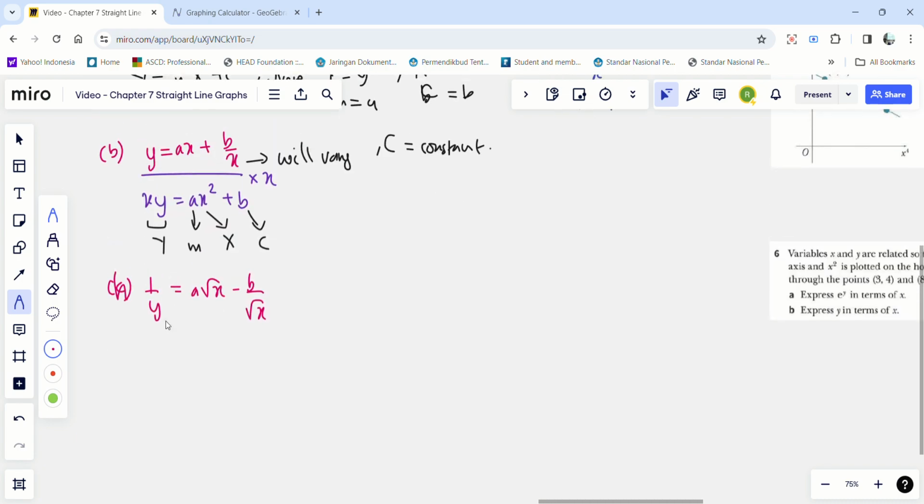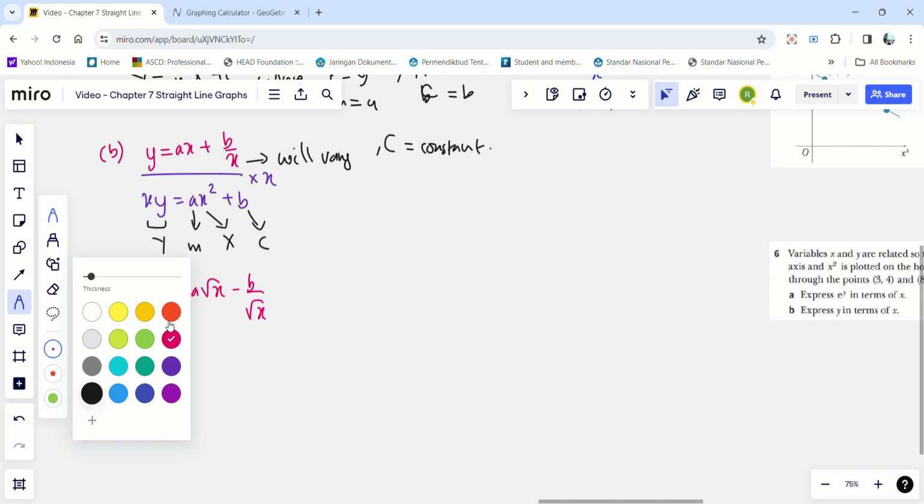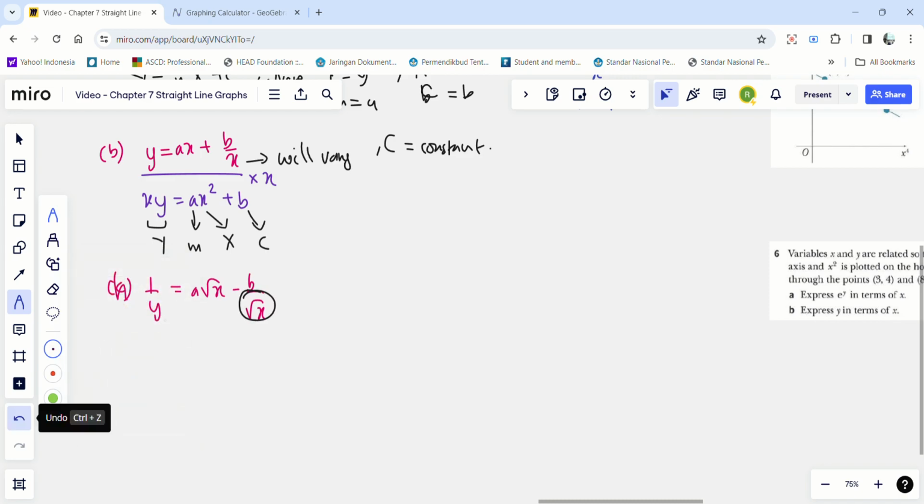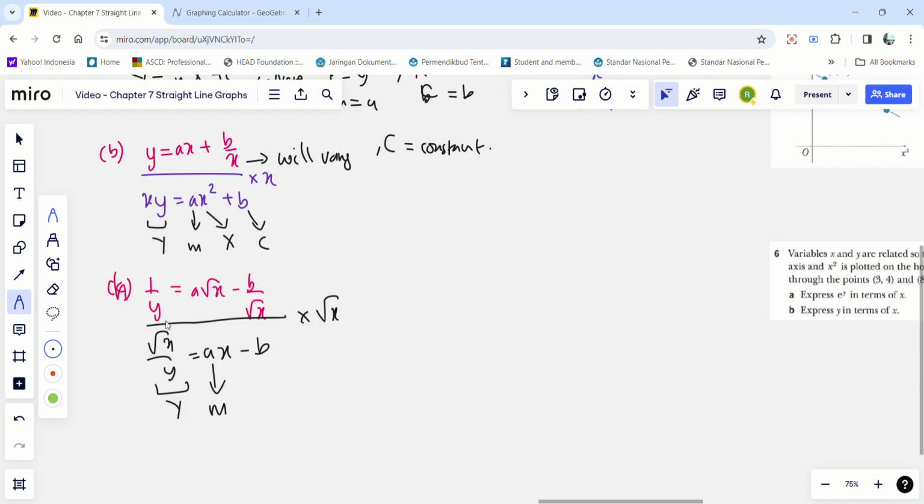Similar to before, what I need to do first is omit this annoying part. So multiply with the square root of x, then it will be square root of x over y equals ax minus b only. So this will be the capital Y, the a is the gradient, the small x is the capital X, and the negative b is the c.